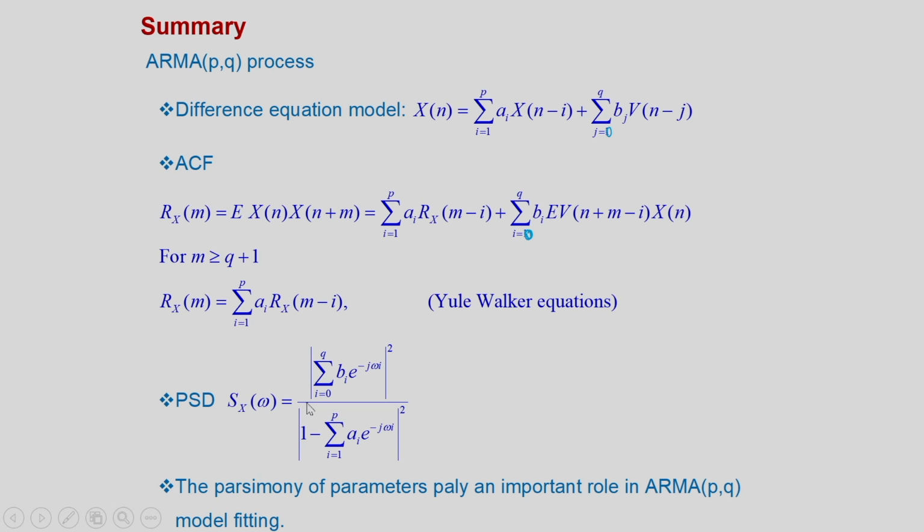And power spectral density is simply given by this expression: Sx(omega) is equal to magnitude squared of summation b_i e to the power minus j omega i, divided by magnitude squared of 1 minus summation a_i e to the power minus j omega i, i going from 1 to P. This is the expression for power spectral density for the ARMA(P,Q) process.